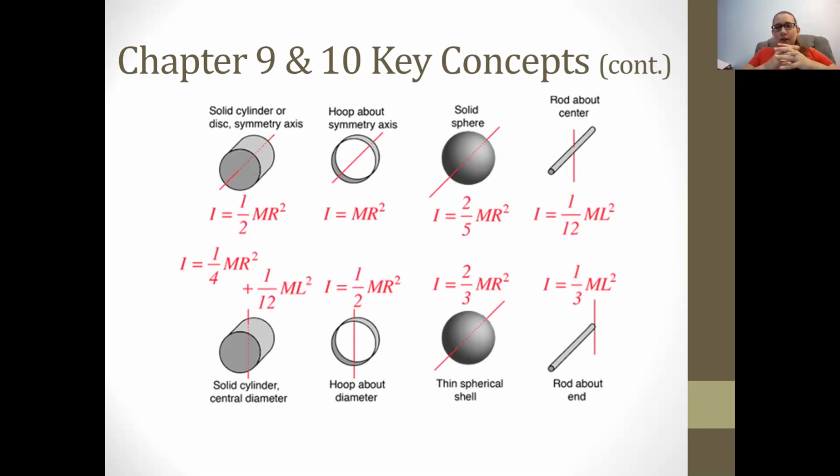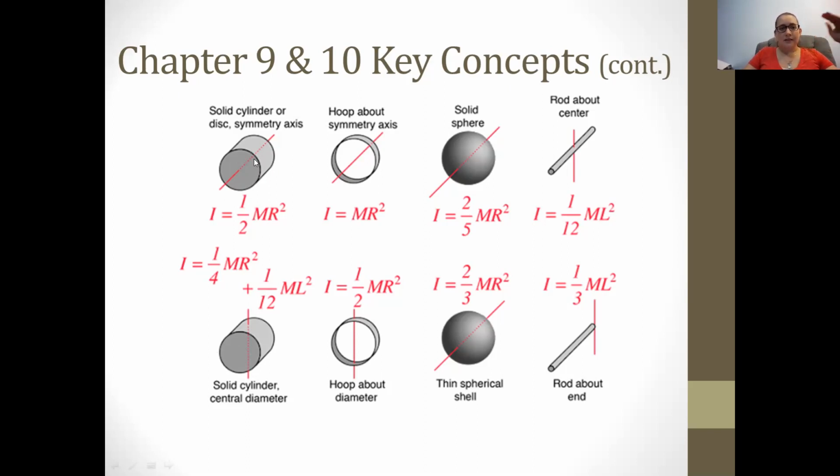If we have a solid sphere, again, our mass is uniformly distributed around that axis of rotation, but in a different way than the cylinder is. So we have a different coefficient out there, right? And so you can see, it doesn't just depend on the mass distribution either.